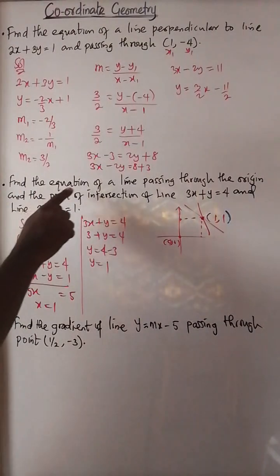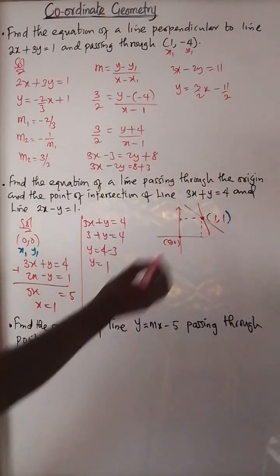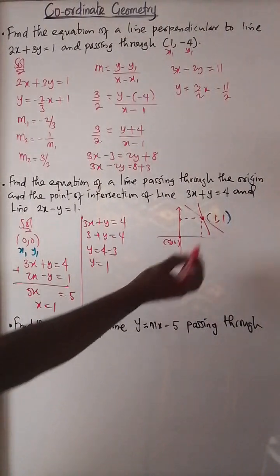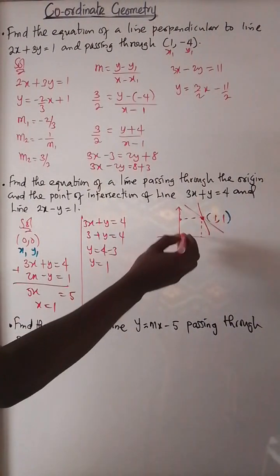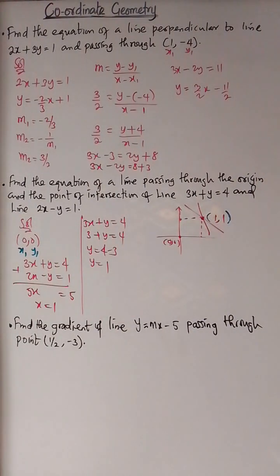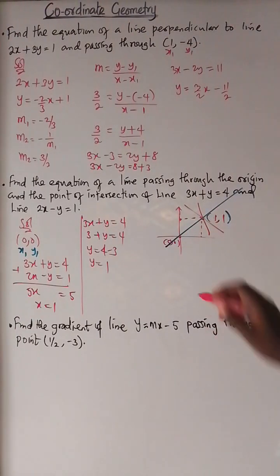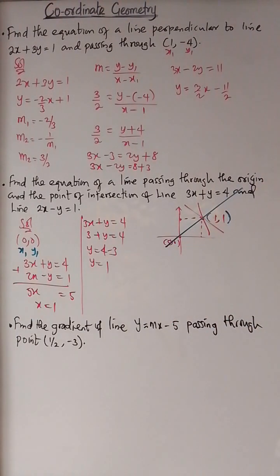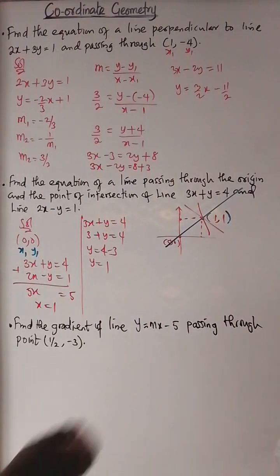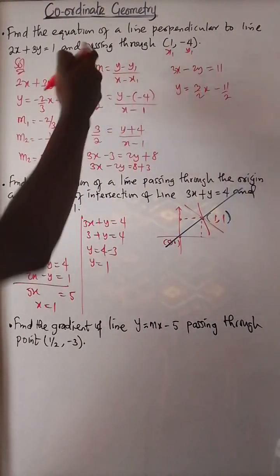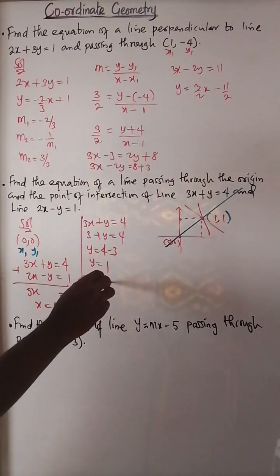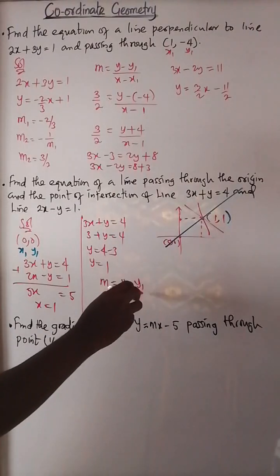So we are told to find the equation of a line passing through the origin and the point of intersection of these two lines. So meaning the particular line whose equation we want to get is this. So we want to get the equation of this line here. And to get the equation of a line, what do we need? We can use this formula. We can use m equals y minus y1 over what?